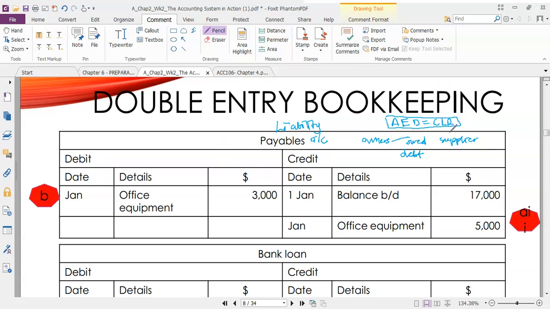If you understand about AED and CLR elements, so which side should be put under payables account? The balance BD, kita letak dekat bahagian mana? Debit or credit?